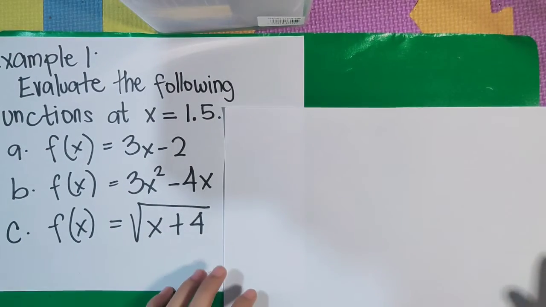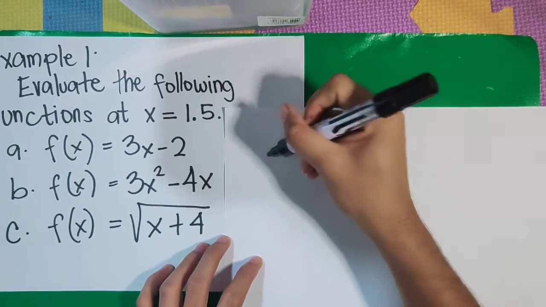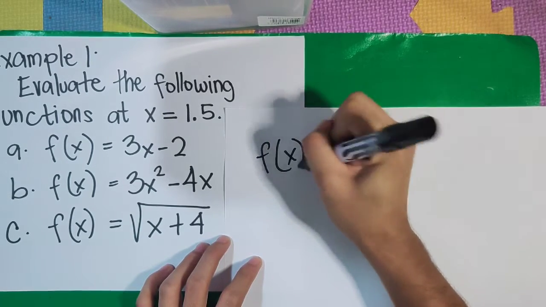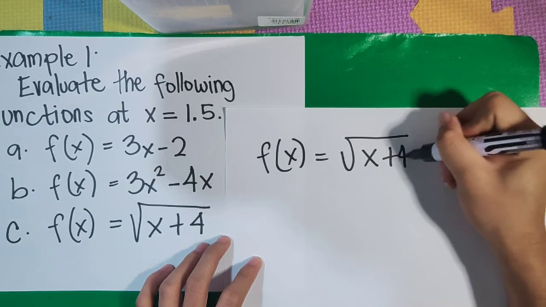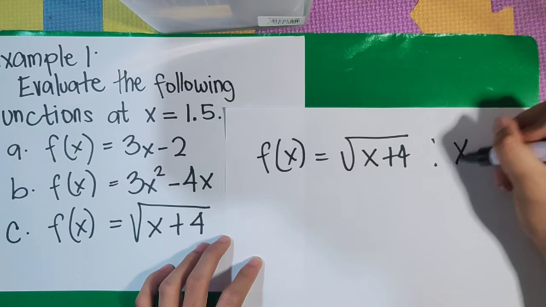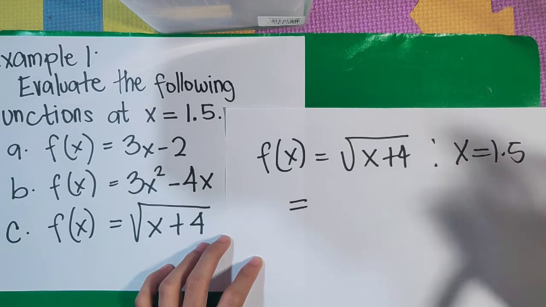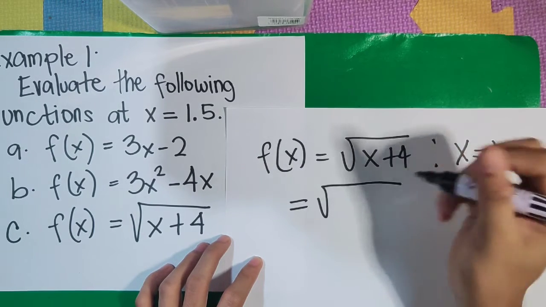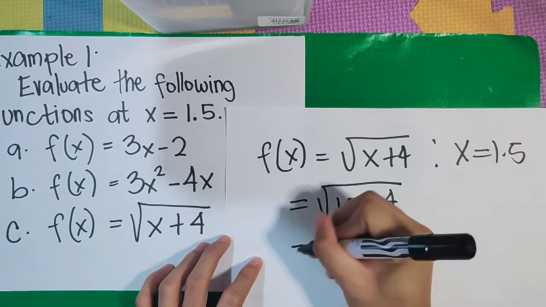Let's try the third example. First, we need to copy the given function. So f of x equals the square root of x plus 4 at x equals 1.5. Again, we need to substitute the value of x into the function. So square root of 1.5 plus 4.